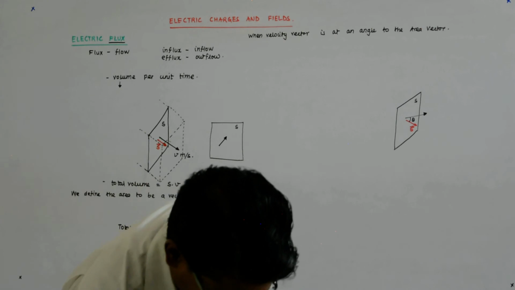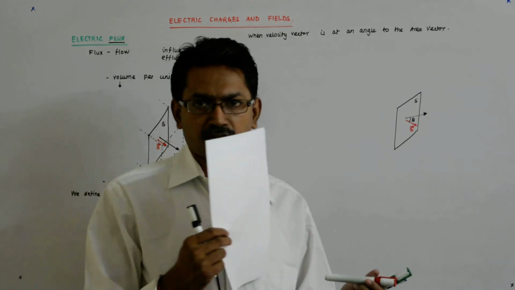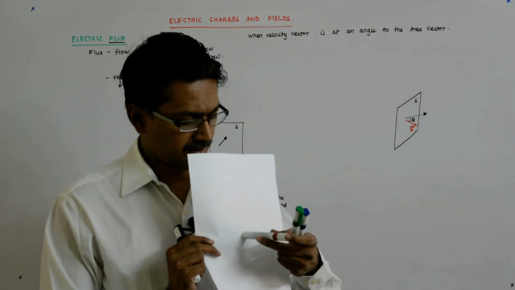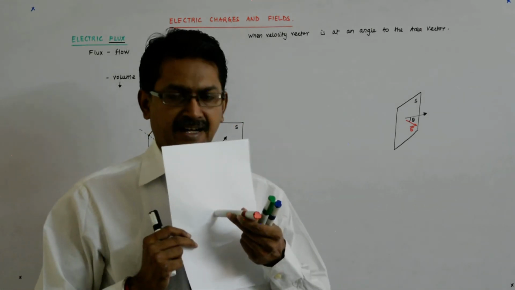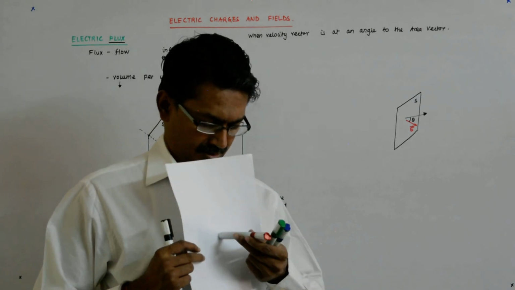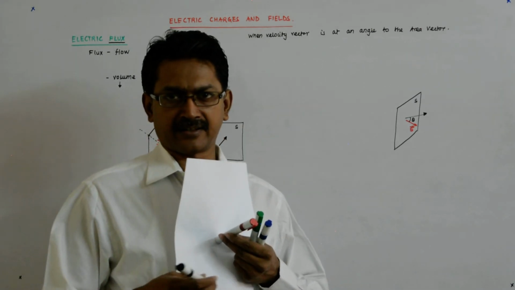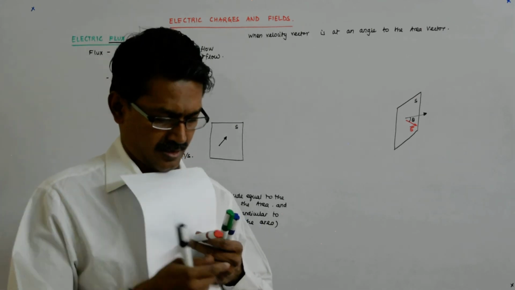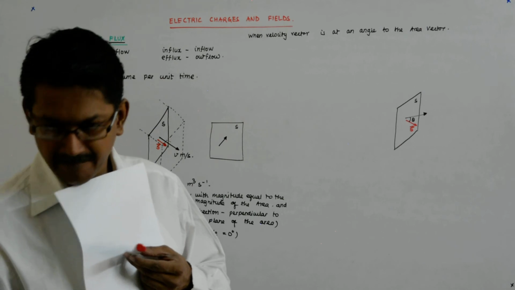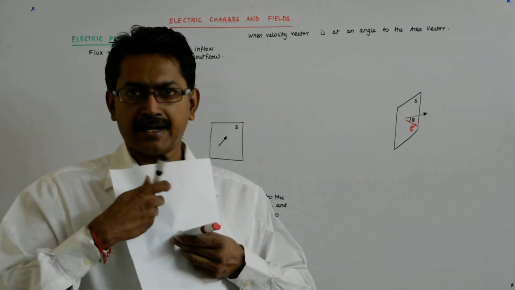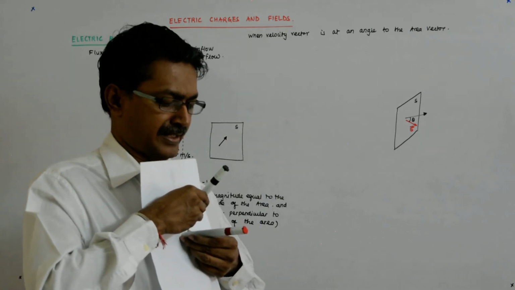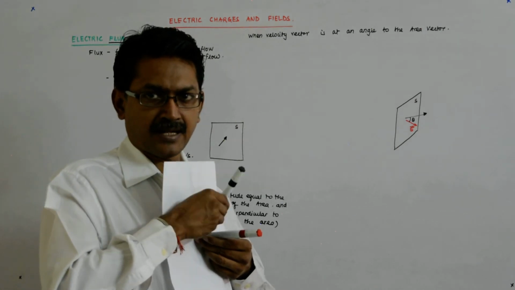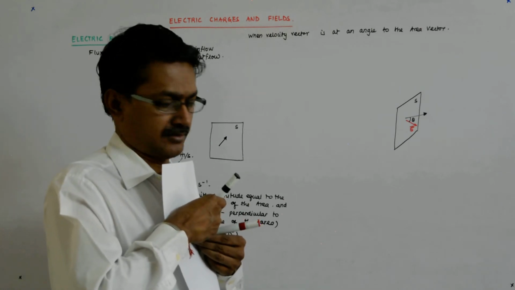This is my area vector. I have the red pen as the area vector, and the black pen at an angle like this, and this black pen is the velocity vector.